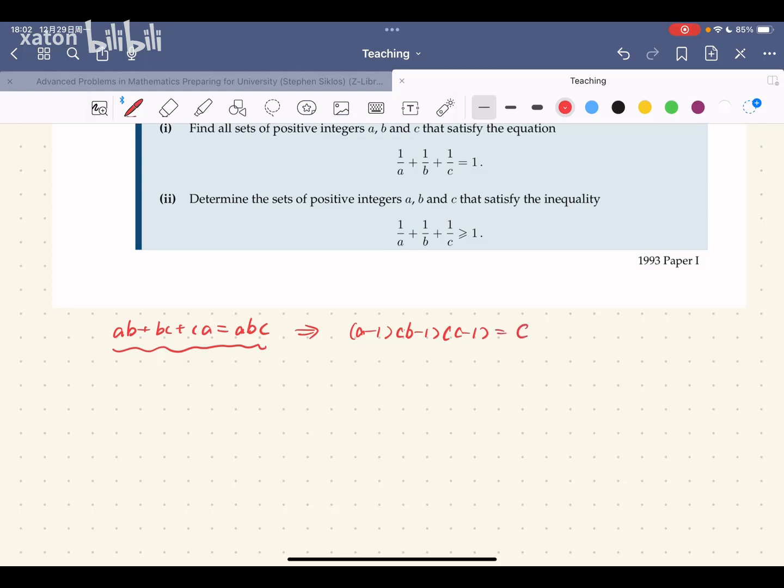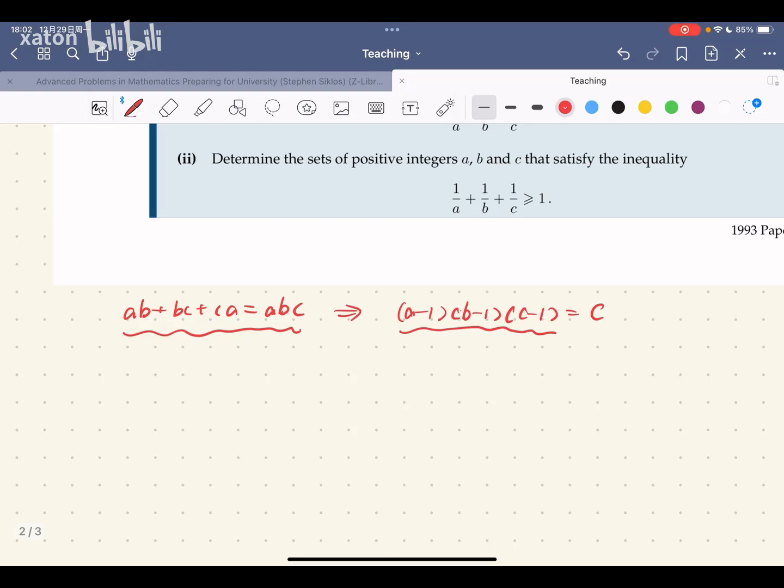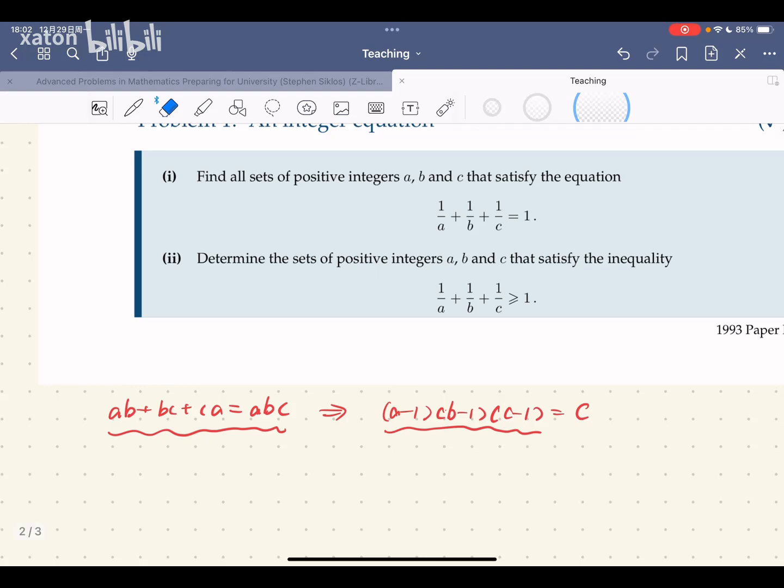But if you expand this, it will be abc minus ab minus bc minus ca, and you also get a plus b plus c, so this will not actually work directly. In fact, let's look at this equation.